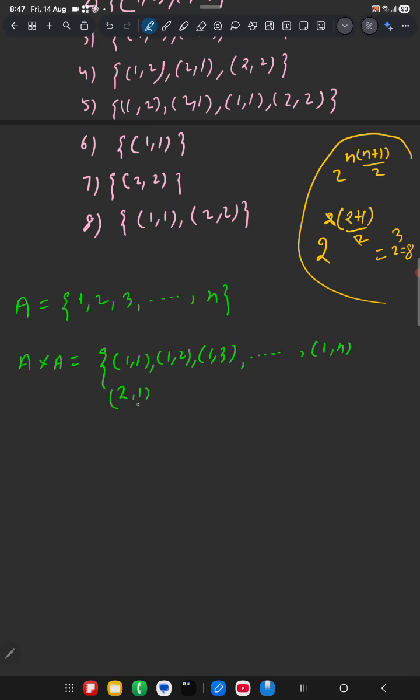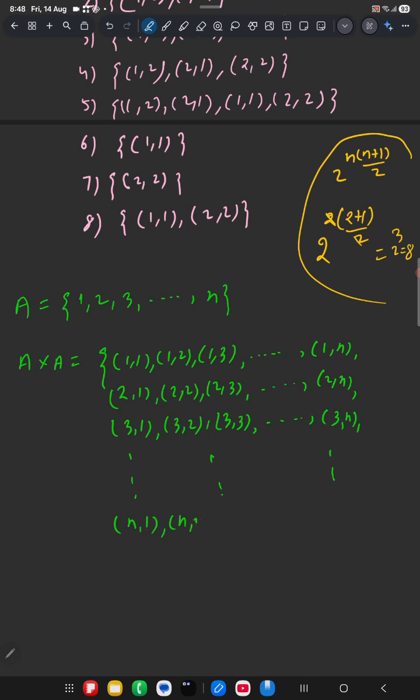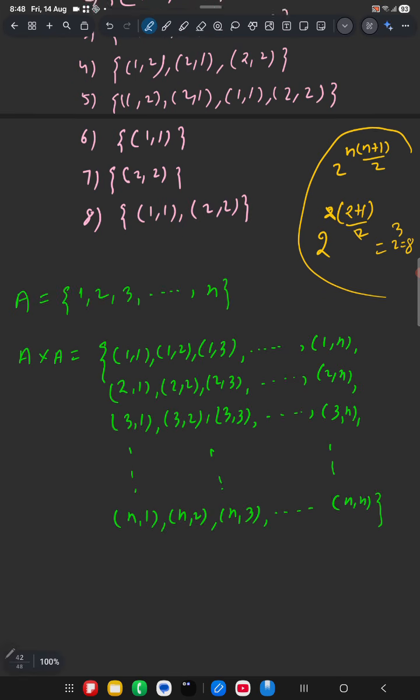Then 2 1, 2 2, 2 3, up to 2 n. Again, 3 1, 3 2, 3 3, up to 3 n. And now I will not write all the members. I will write n1, n2, n3, and up to n n. Agreed?